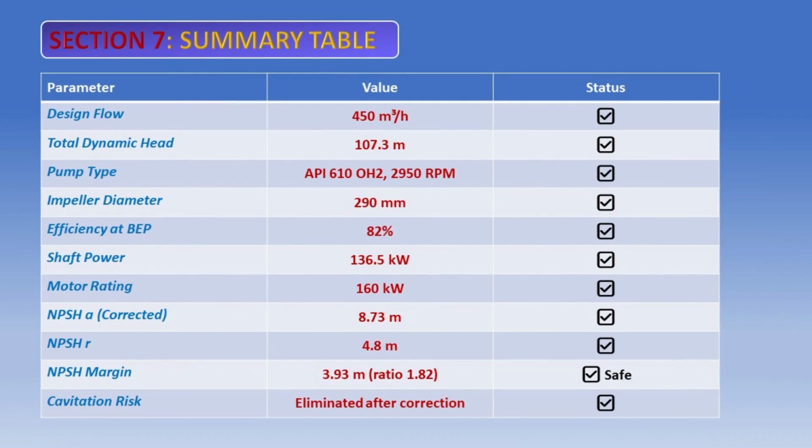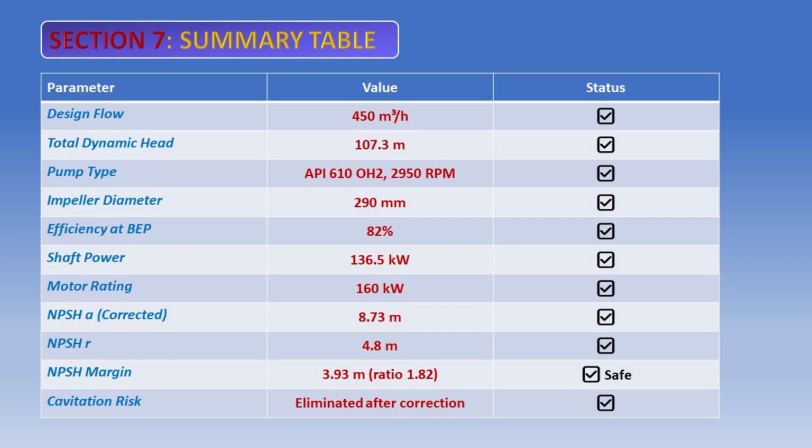To conclude, let's summarize our findings. We successfully sized a pump for a critical crude oil transfer service. The design point is 450 cubic meters per hour at 107.3 meters of head. We selected an API 610 OH2 pump with a 290 mm impeller, operating at 2,950 RPM. The power analysis showed a shaft power of 136.5 kilowatts and a motor rating of 160 kilowatts.